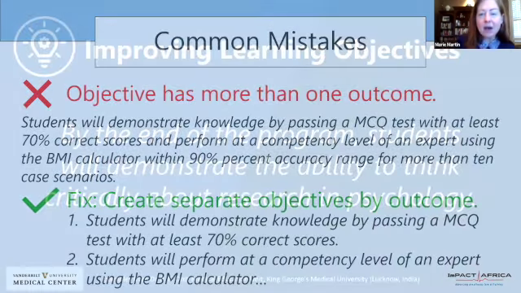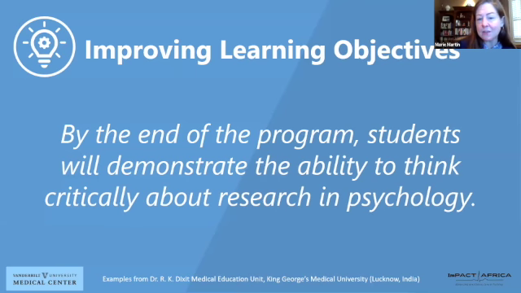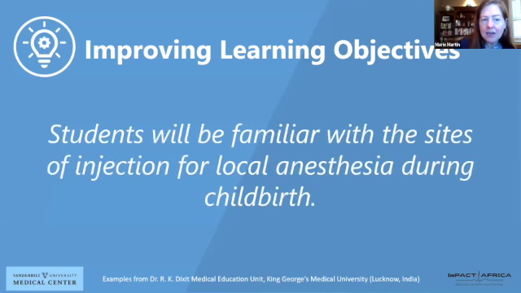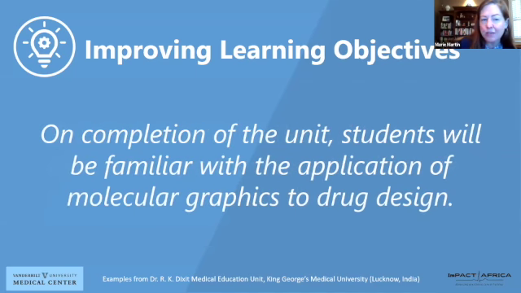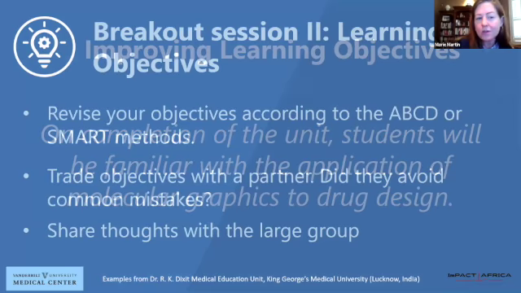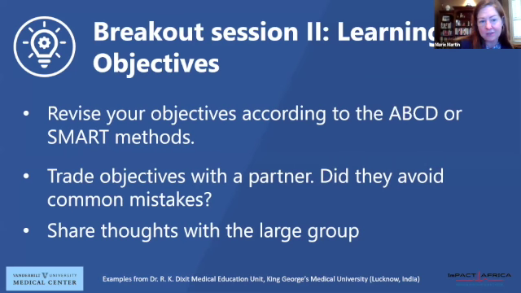So if we think about some of these challenges and how we might improve these, I will leave these in the session and you can look at them later. I have 3 here for how to improve the learning objectives, but I think actually it's more helpful to go back into our breakout sessions and actually use one of the ABC or SMART methods just for one objective.